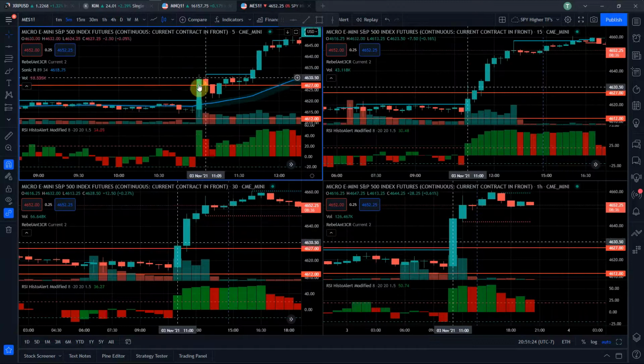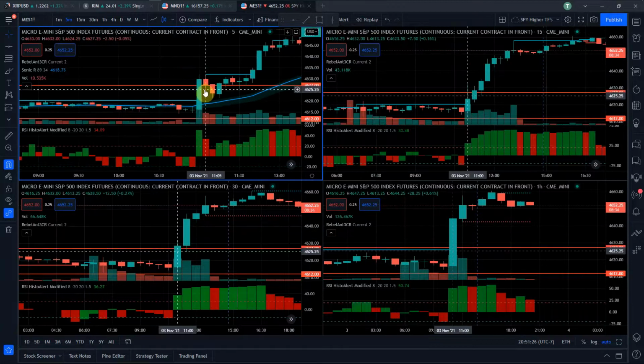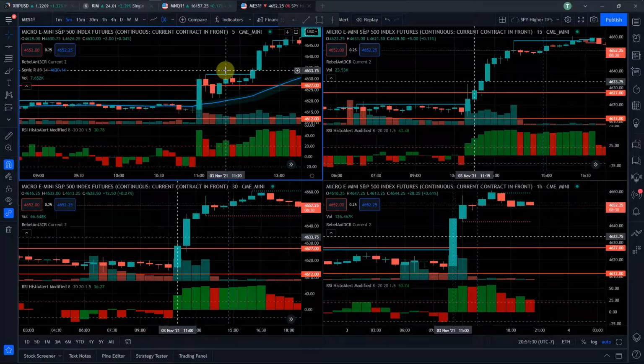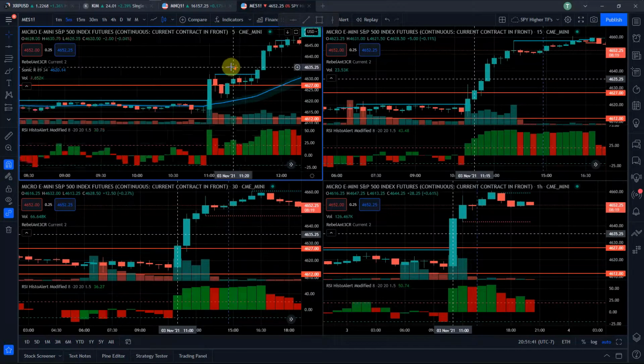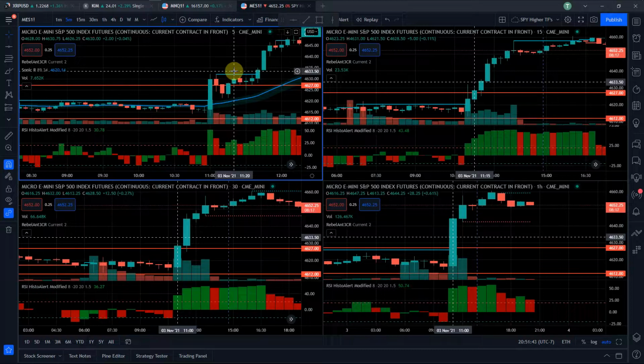So you can see that on the 5-minute here. Now that that's happened, the next thing I'm looking for is basically how I take all my trades. Make sure every time frame is in alignment. Make sure we're not closing any 3CRs on the higher time frames, so I don't have to worry about a pullback or anything like that.